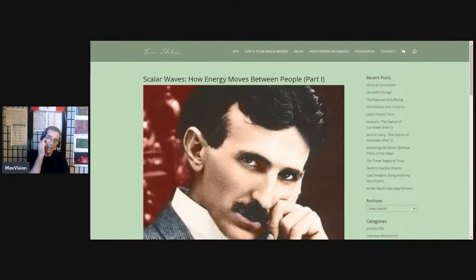So is the scalar wave a standing wave of energy? I suppose it could be described as that. Volume also, which is interesting because volume associated with sound is also scalar. A sine wave can be directed, yes, so it has a vector. So scalar is, in essence, the lack of movement.